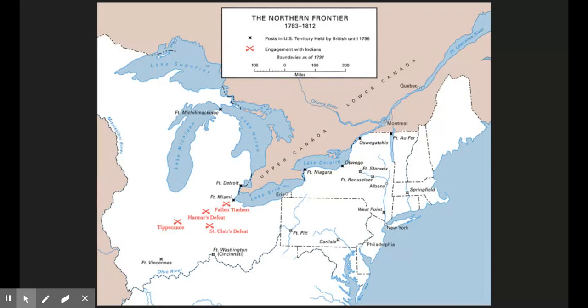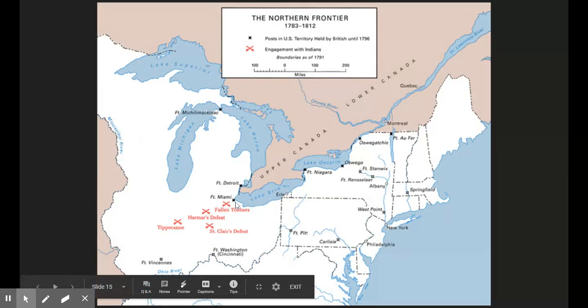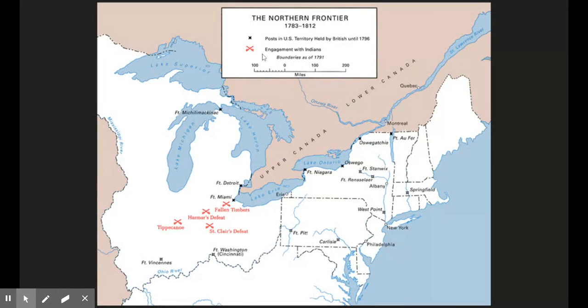So naturally, there's going to be conflict with the native tribes there. But the British are working to make these conflicts worse and occur more often. This is going to be a major issue for the young republic, to not let that occur on their territory.